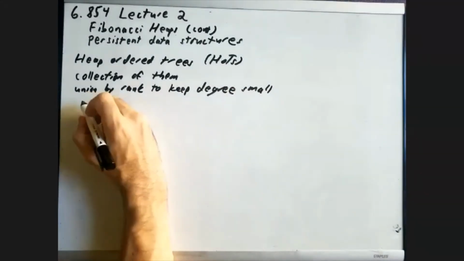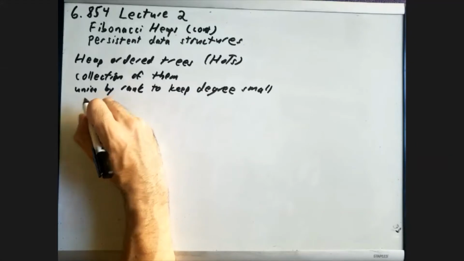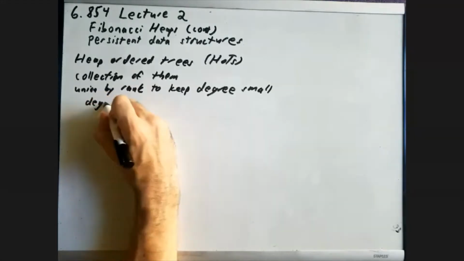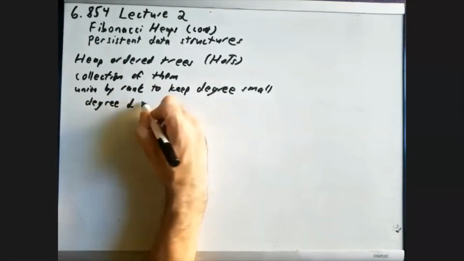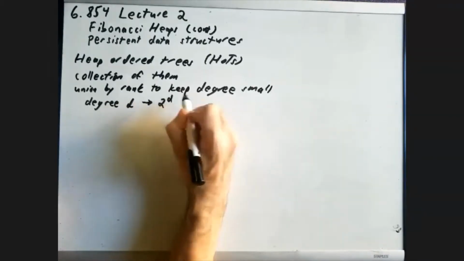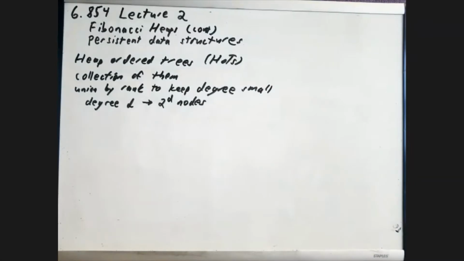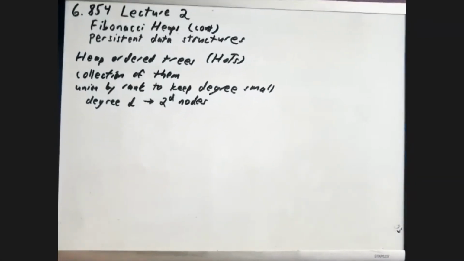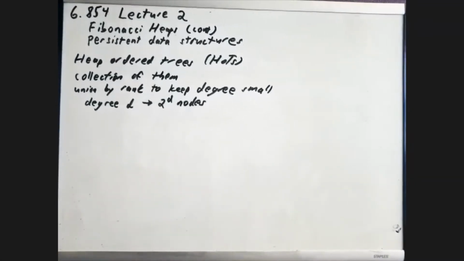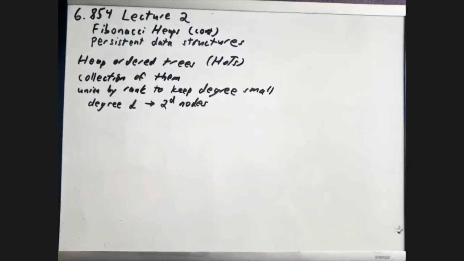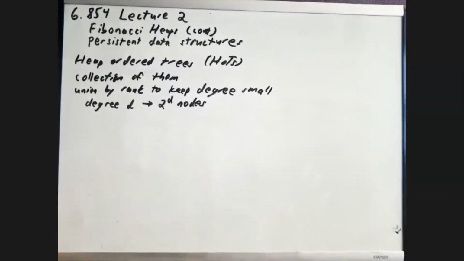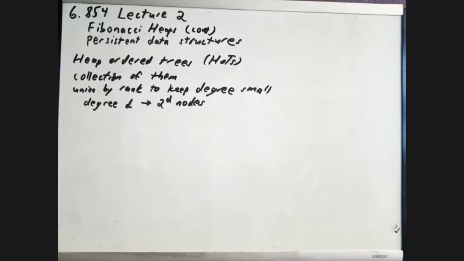Right, we arranged that if you had a degree D tree, then you would have 2 to the D nodes in that tree, because that tree essentially represented D rounds of a tournament to select the winner among all of the nodes in the tree.